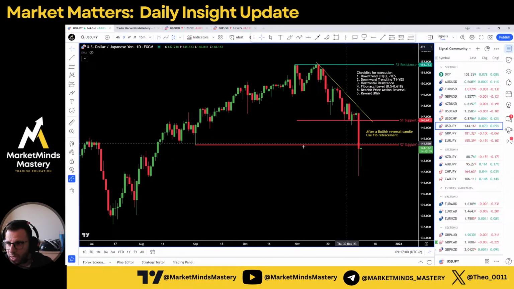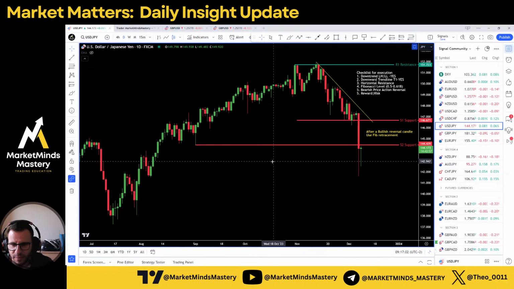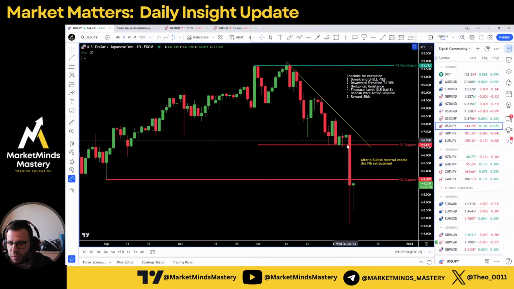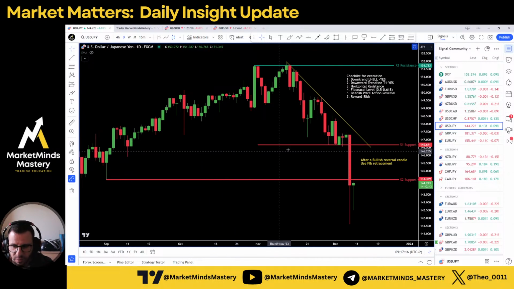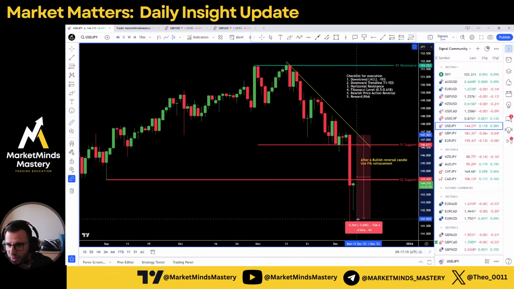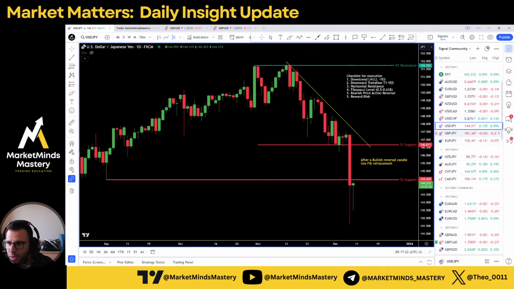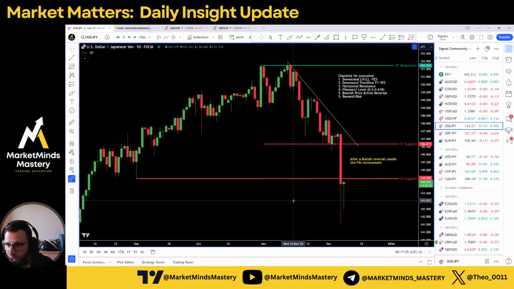A nice surprise, but not something we are not used to, with the Japanese yen. A massive sell-off. We were waiting for some sort of confirmation here to take some bearish trades. Yesterday it moved about 500, 600 pips. How many? 550 pips. That was actually a nice move for people.